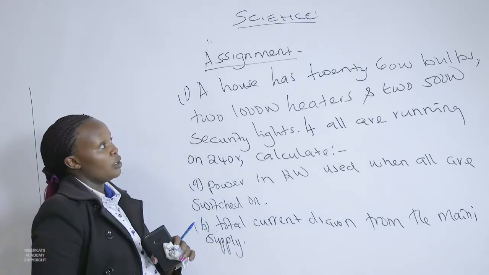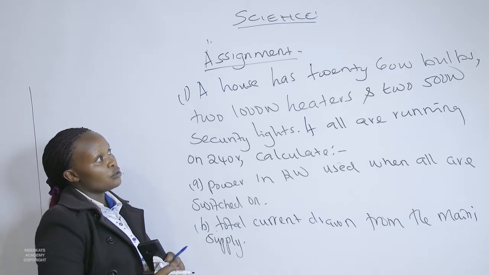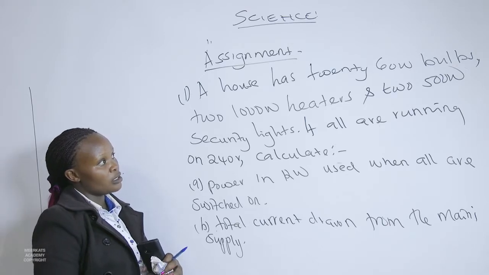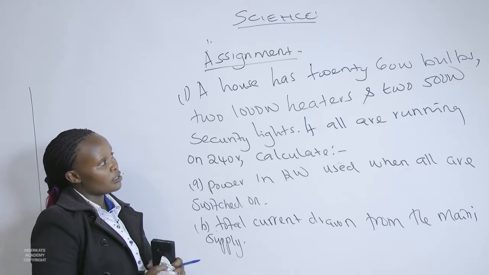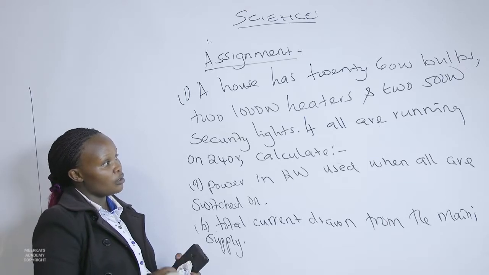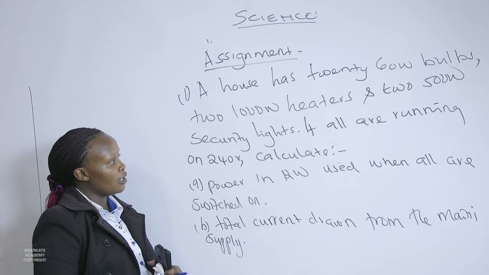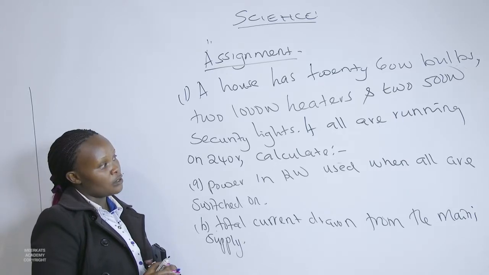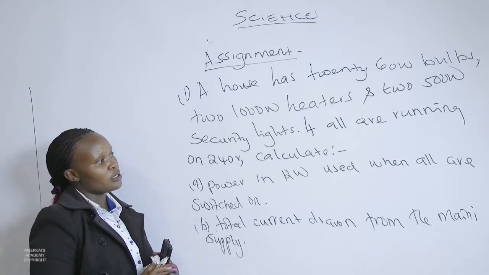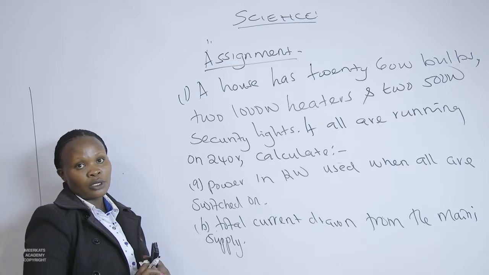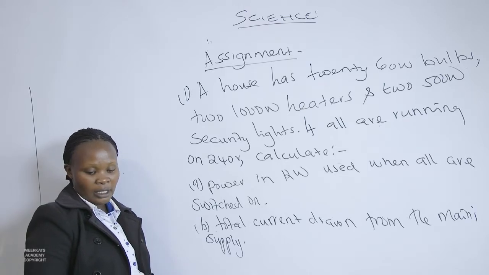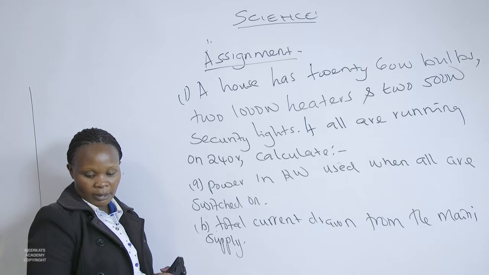A house has 20 60-watt bulbs, 2 1000-watt heaters, and 2 500-watt security lights. All of them are supposed to be switched on concurrently, and they are running on 240 volts. I want you to find out how much power in kilowatts is going to be used when all of them have been switched on, and the total current that is drawn from the supply.